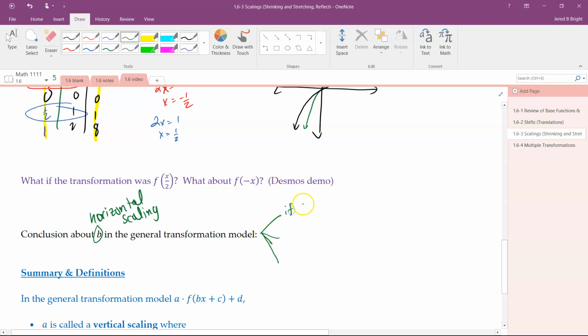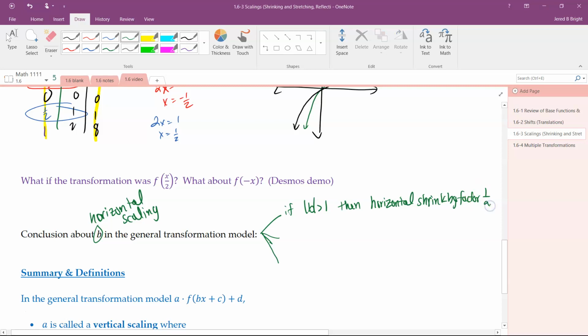If b is greater than 1 in absolute value, then it's a horizontal shrink by factor 1 over b.